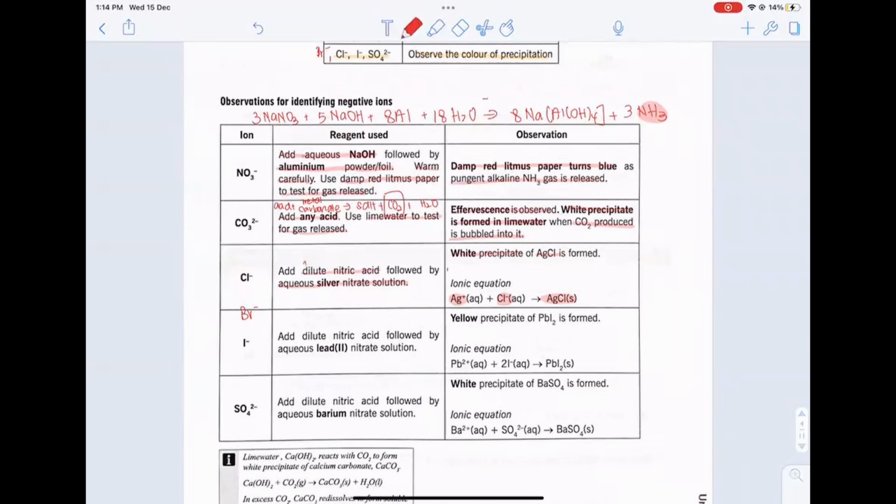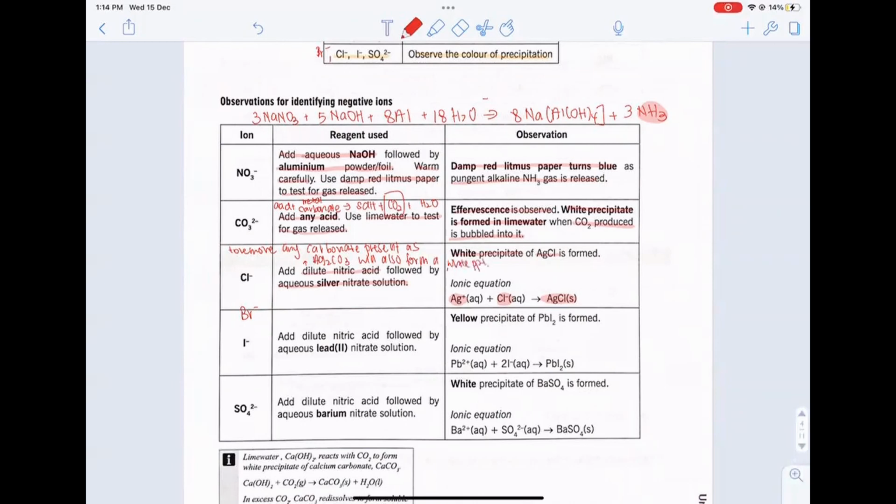So let us take a look at the steps. Why do we add dilute nitric acid? It is to remove any carbonate present in the solution, as silver carbonate will also form a white precipitate.